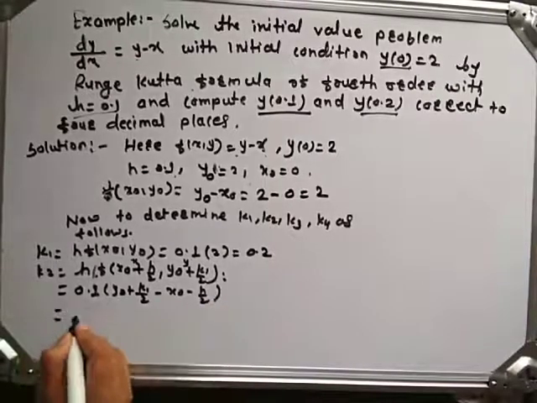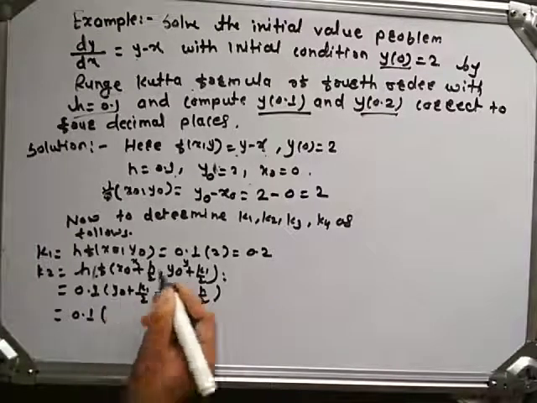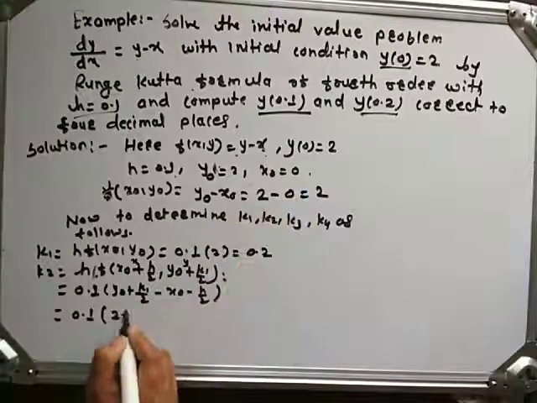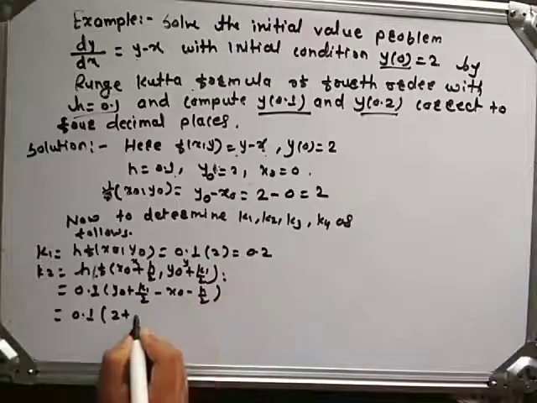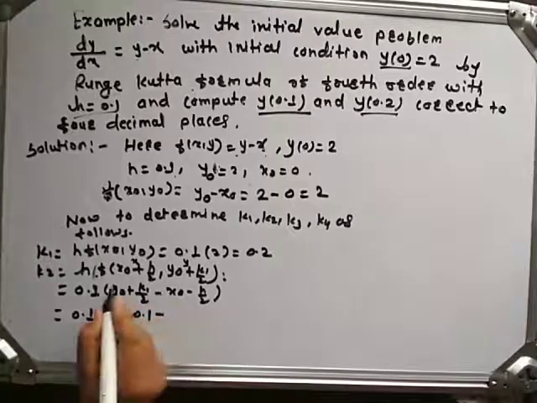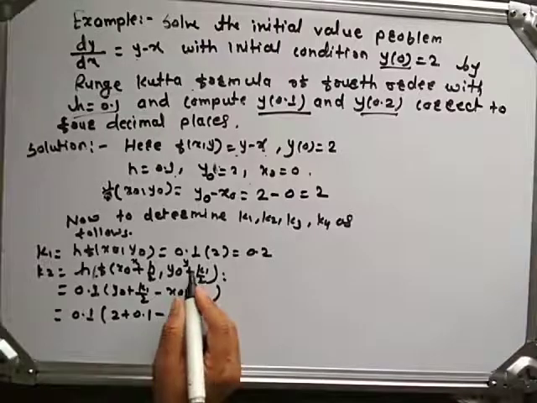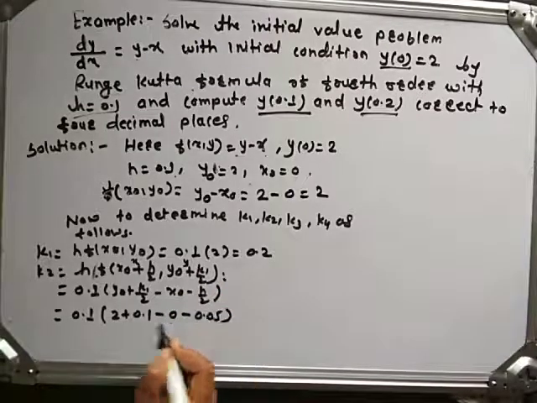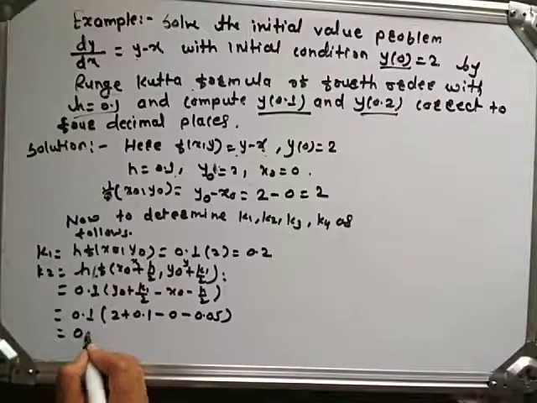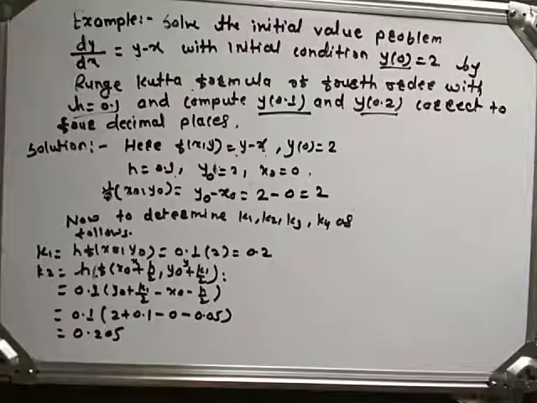Now put the values. What is y0? y0 is here 2 plus k1, and k1 is 0.2. 0.2 upon 2 is 0.1, minus x0 which is 0, minus h by 2. h by 2 means 0.1 upon 2, it is 0.05. Calculate this on the calculator. We will get the answer 0.2055. Okay, this is your answer.